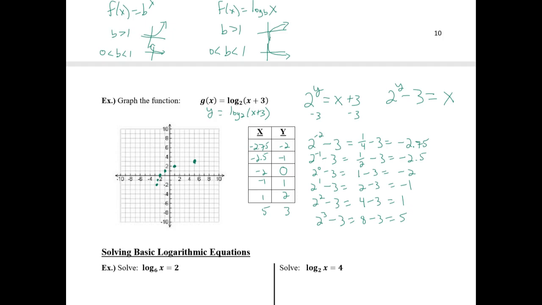So it looks like it's going to keep getting closer and closer to negative 2, but never cross that. And like such.